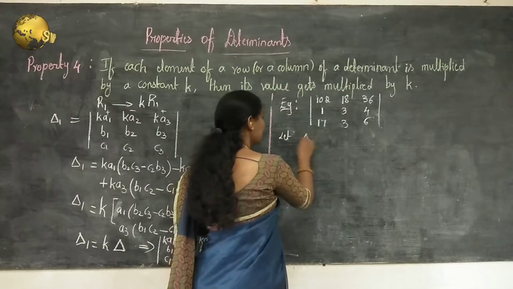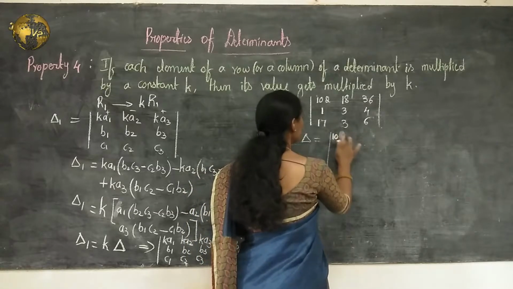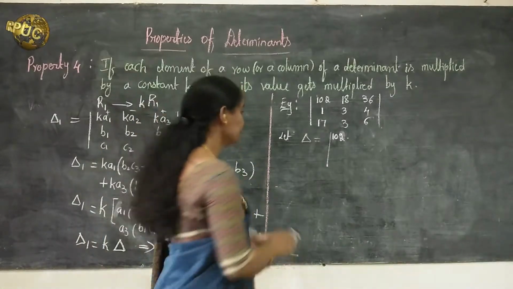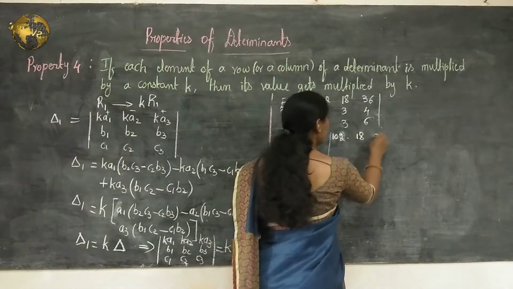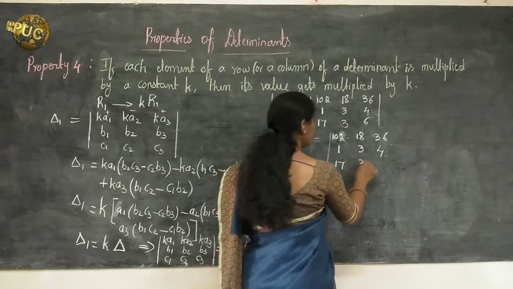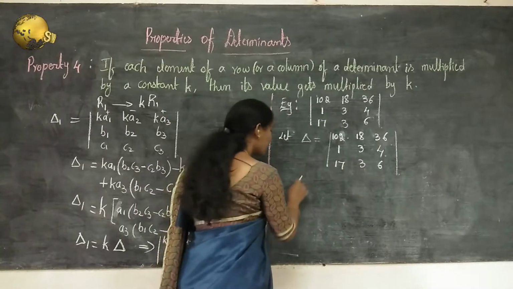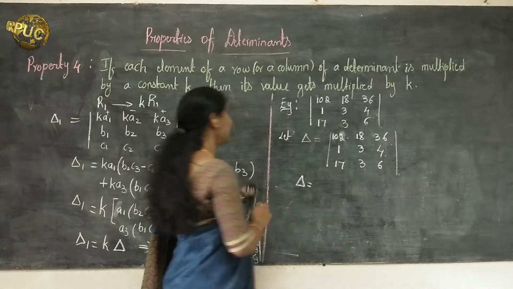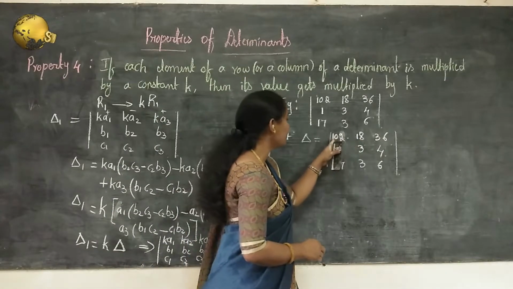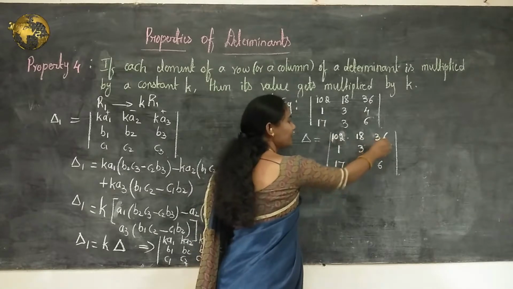So delta is equal to 102, 18, 36; 1, 3, 4; 17, 3, 6. This is our delta. According to the property, can we apply the property here or not? Let me check it out. See, the higher elements, the highest value numbers, are in the first row.